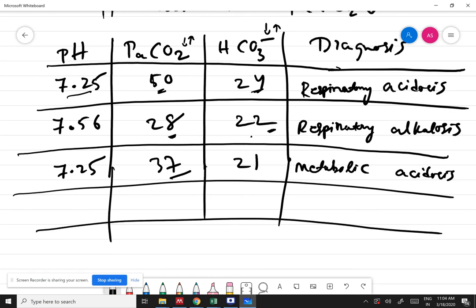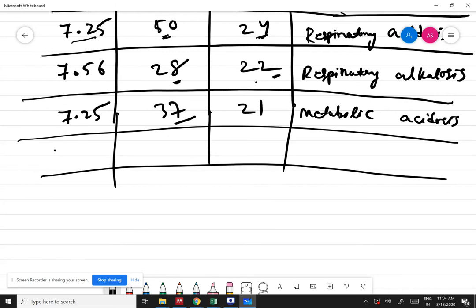Similarly, one more example: 7.56, 40, and 35. So this is 7.56, which means alkalosis, as it is more than 7.45. PaCO2 is 40, and 35 to 45 is the normal range, so this is normal. HCO3 minus should be between 22 and 26, but this is higher than 26.